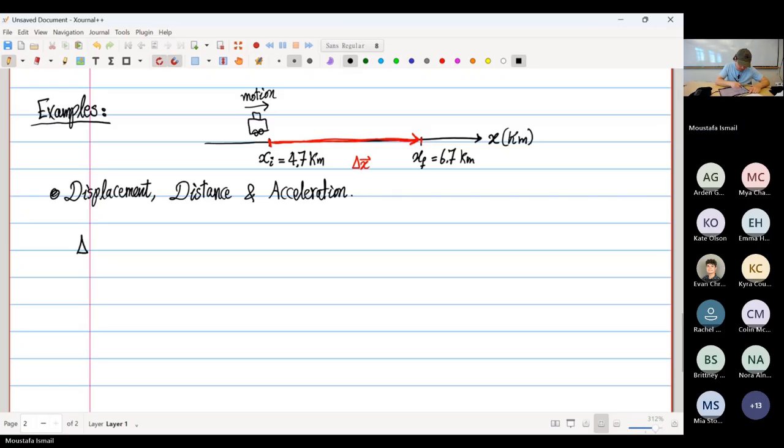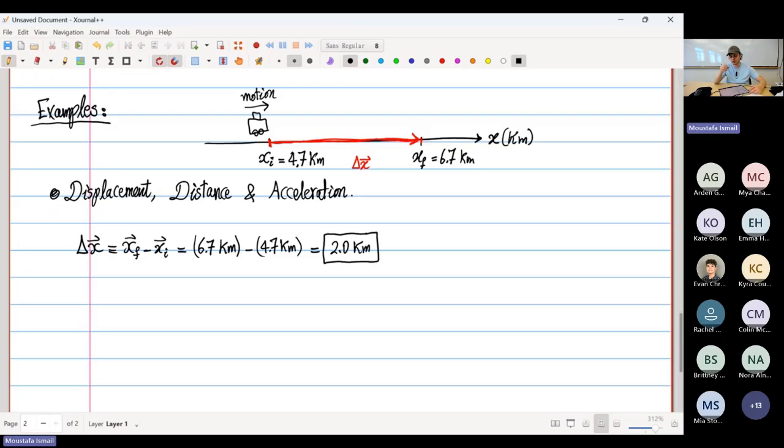We have delta x is defined as final position minus initial position. In this case, the final position is 6.7 kilometers, positive, minus 4.7 kilometers. So that is just 2 kilometers. And it's a positive number because it points to the right.